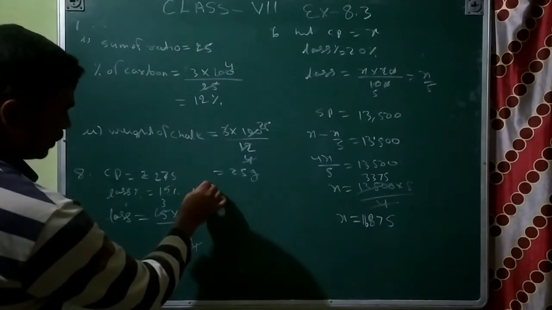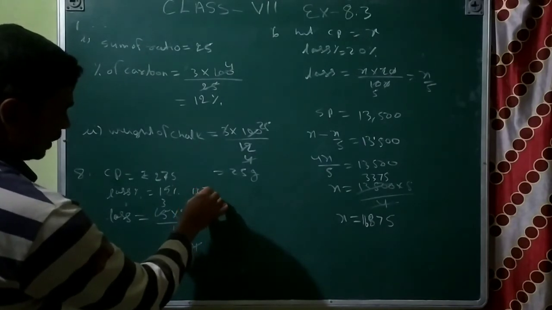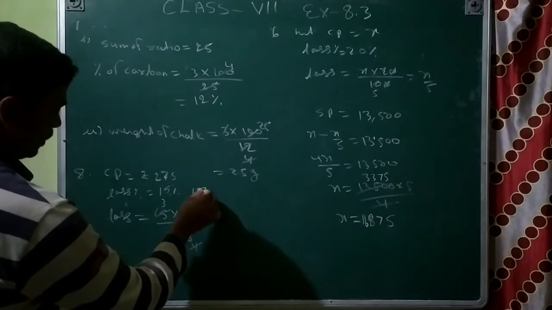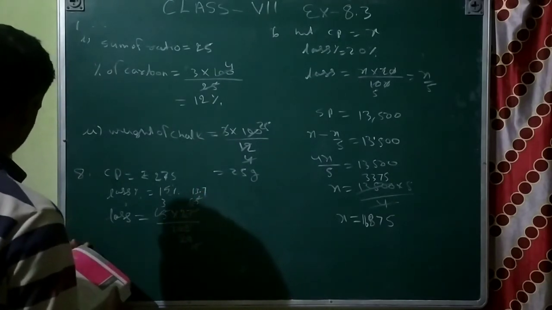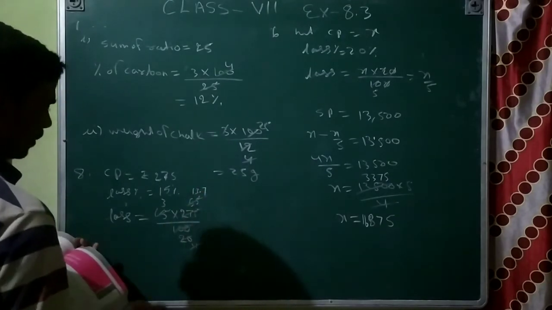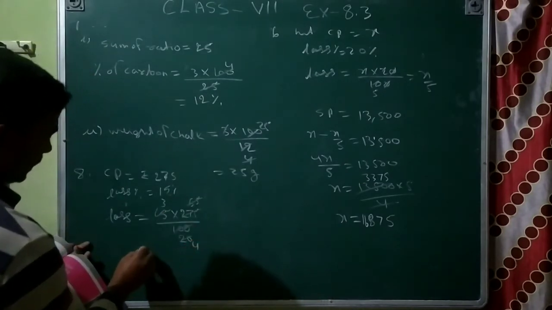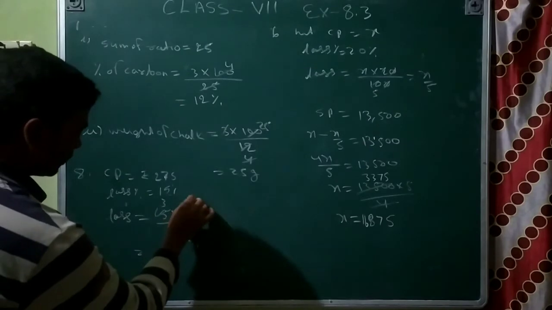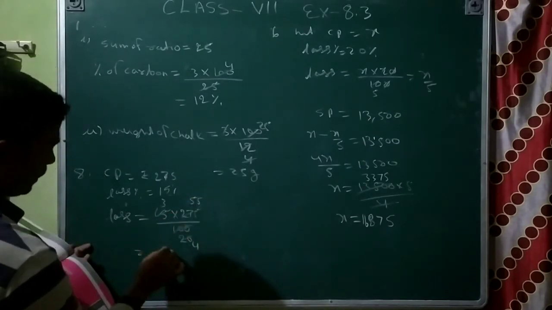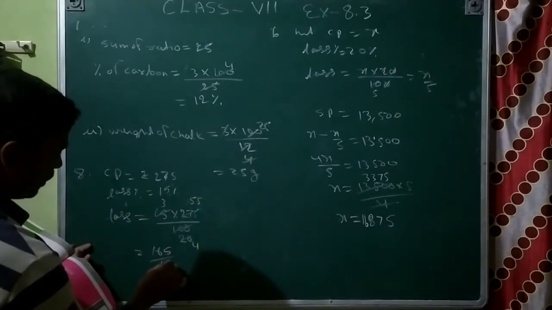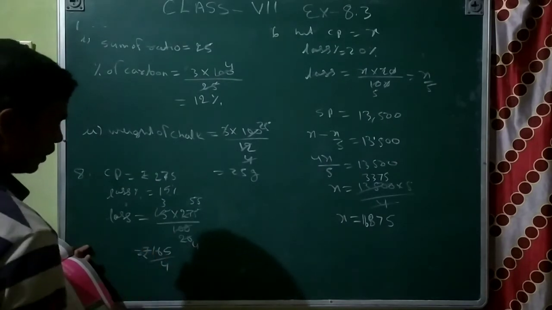So 5 4 7s are 28, and 4, first of all you multiply that, after that we will divide. 5 3s are 15, 16 upon 4 rupees, that is loss.